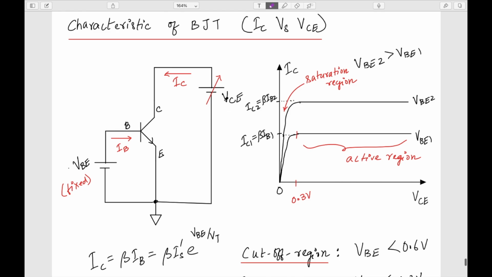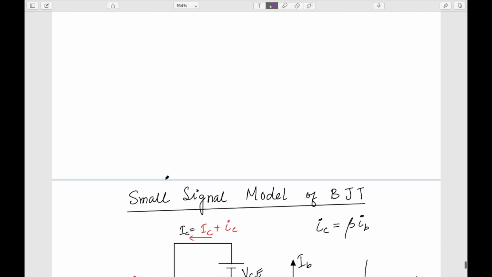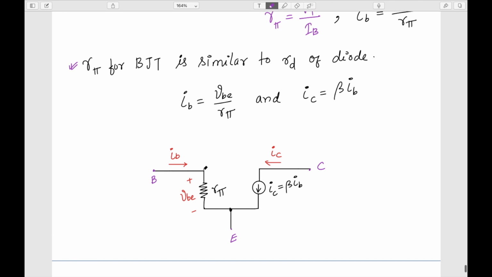Instead of base, I'm considering the emitter. Whatever this voltage may be, it doesn't change IC nor IB. So in my small signal model, there is no component here. All the variations that we have discussed are captured by this model.